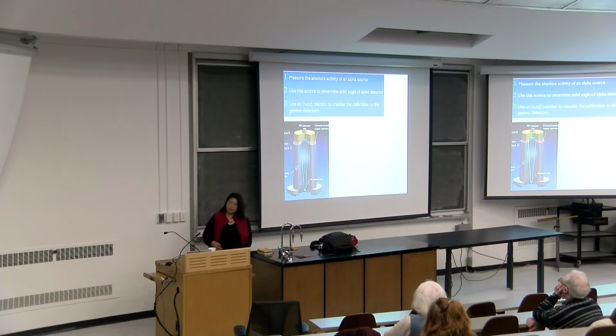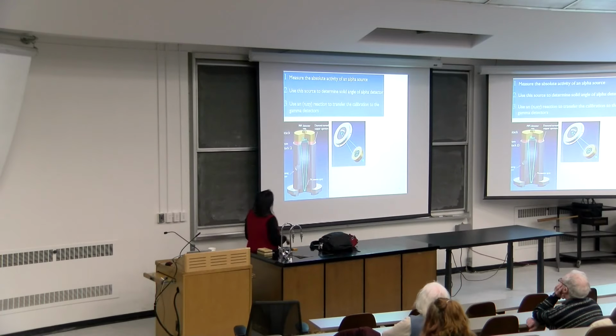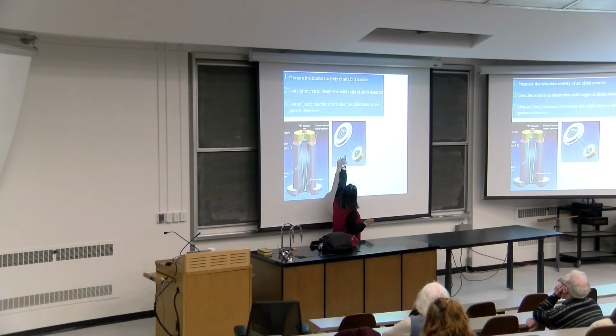After they have the plutonium source calibrated, they mount it into their foil holder to calibrate the acceptance of their alpha detector in the alpha-gamma device here. Knowing the activity there, by measuring the count rate here, you now know the efficiency of this alpha detector.